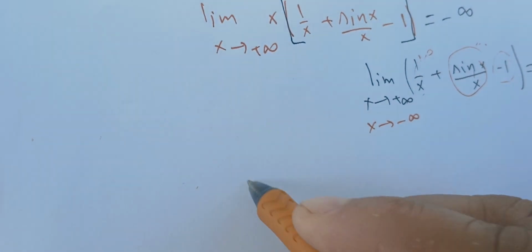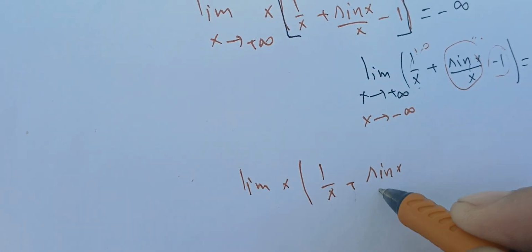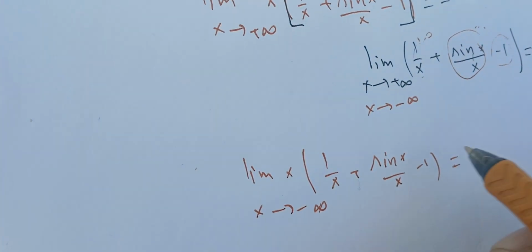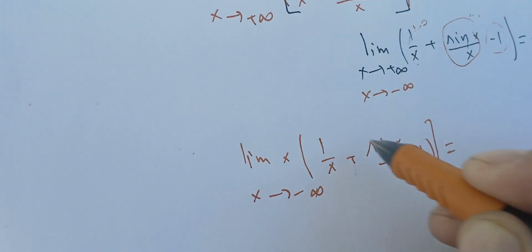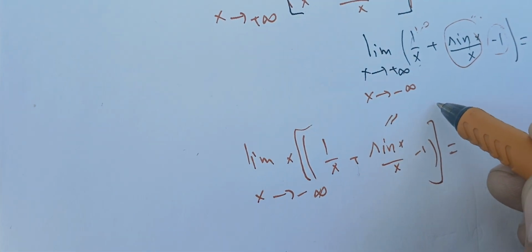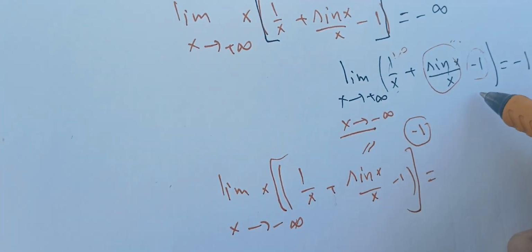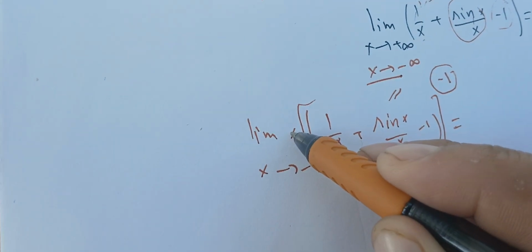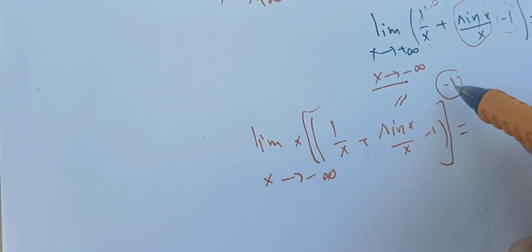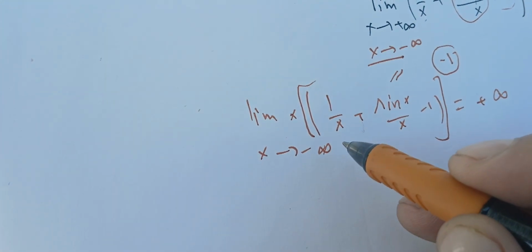So the limit of 1 over x plus sine of x over x minus 1 as x goes to minus infinity will go to minus 1. The same thing here, minus 1, but the limit of x as x goes to minus infinity is minus infinity, and minus infinity times minus 1 is plus infinity.